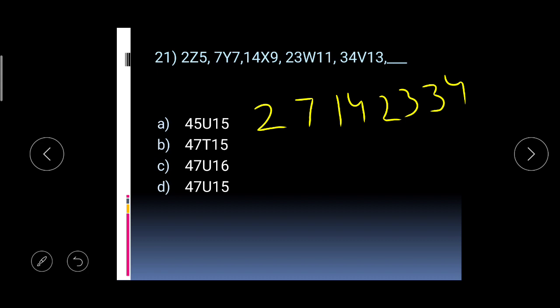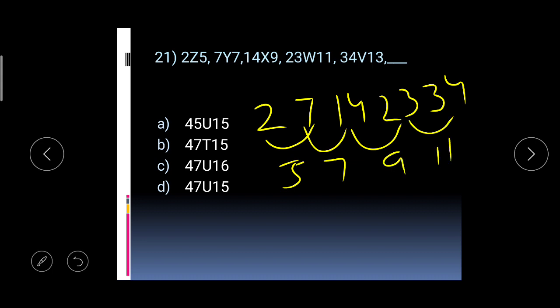Okay. So this is the difference of 5. This is the difference of 7. This is the difference of 9, and this is the difference of 11. So 5, 7, 9, 11. So the next difference has to be 13, right? So my answer will be 47. So I know my answer is 47.